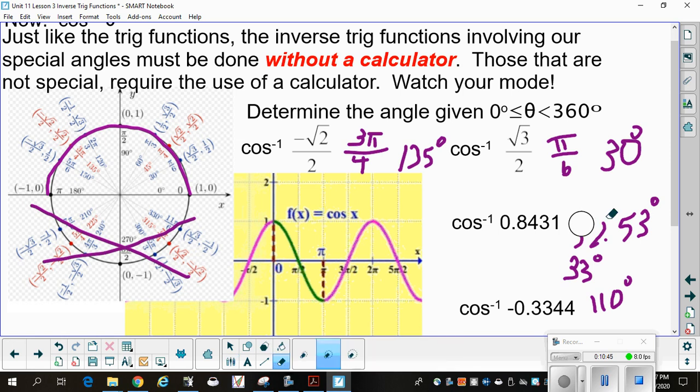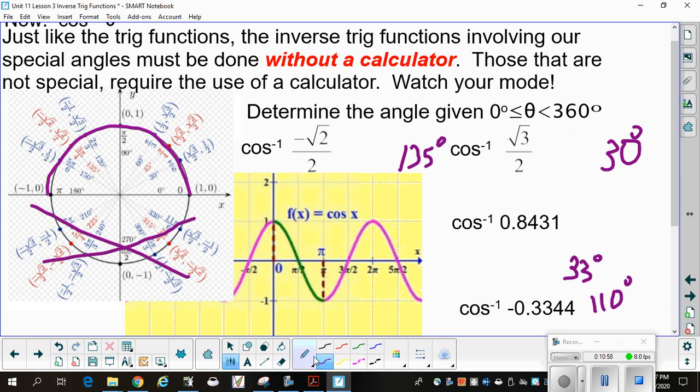Now, my question here says from 0 to 360. So I have to take into consideration that this is only the one angle at 135. Where else? I have to be the human. Where else is it negative root 2 over 2?